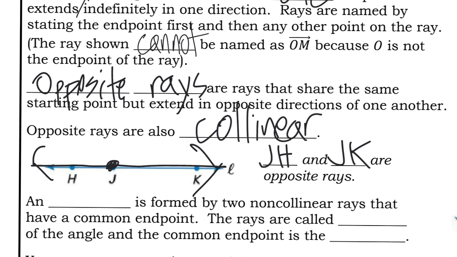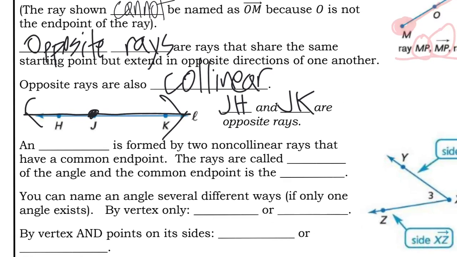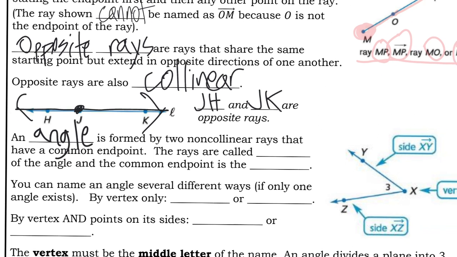And in this next section here, an angle is formed by two non-collinear rays that have a common endpoint. So an angle is formed by these two rays. You can call this ray XY and ray XZ. We say they're not collinear because the line did not bend in any sort of way.